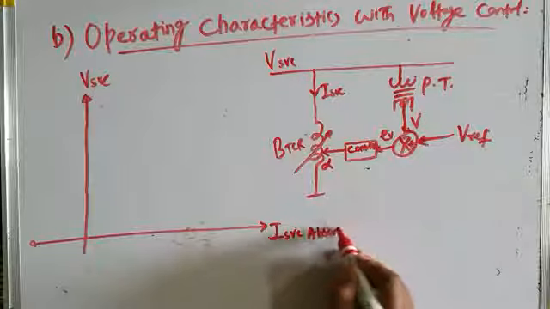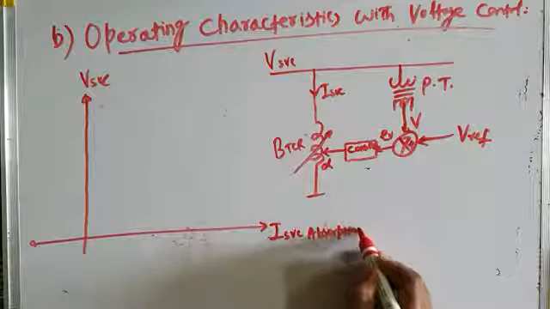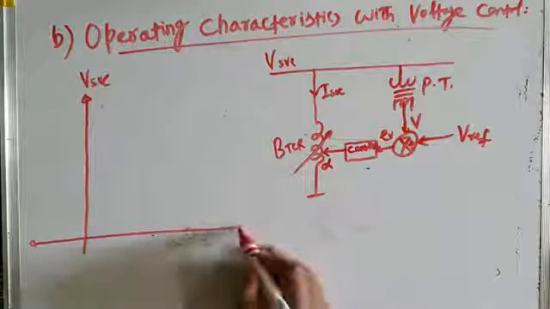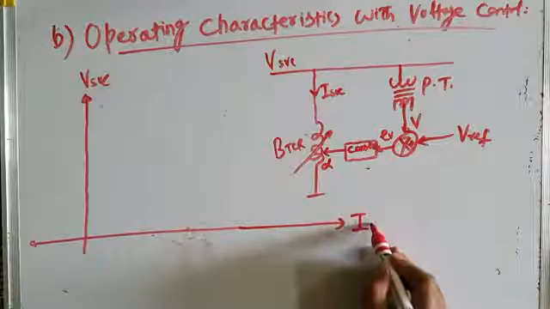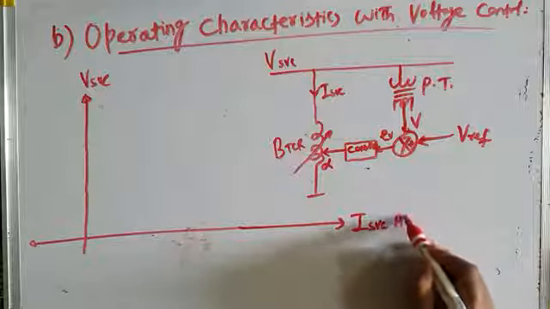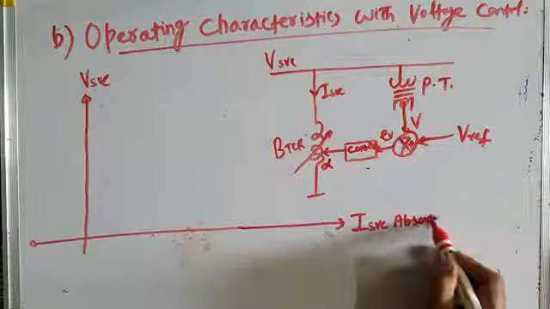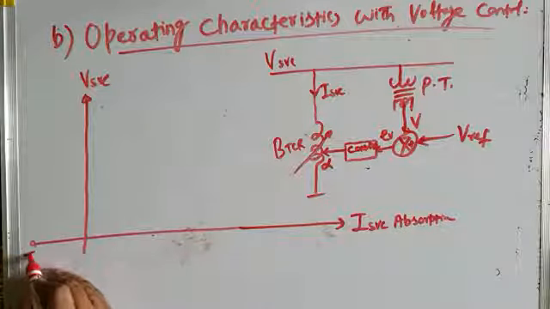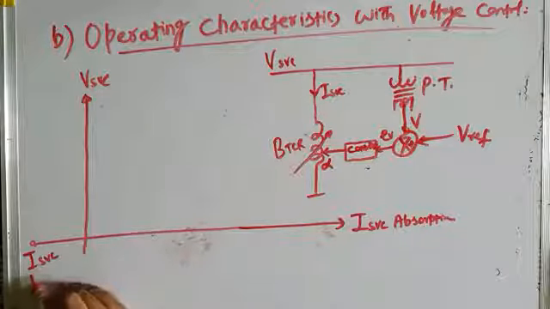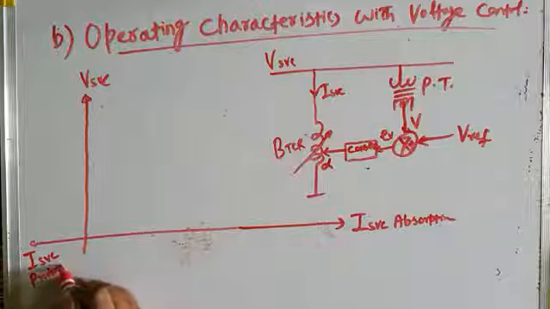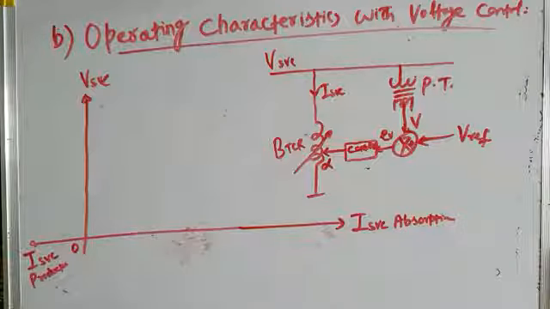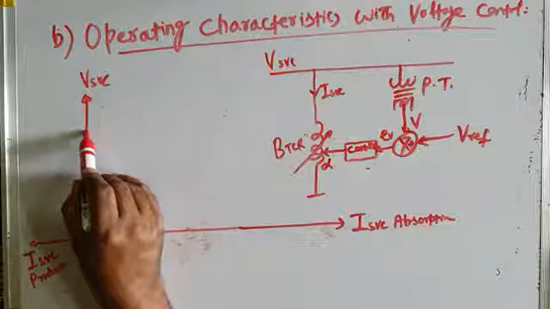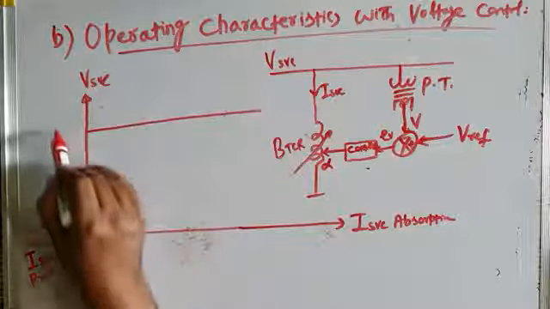It's called ISVC absorption. I will explain why it is called ISVC absorption. So this is ISVC absorption, and if the current is negative, then it is called ISVC production.